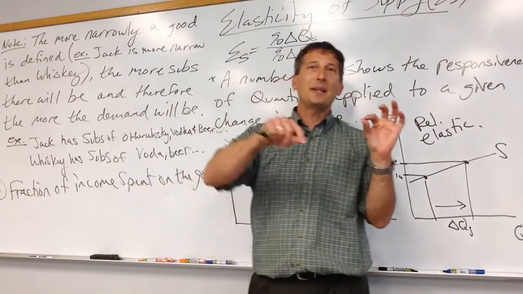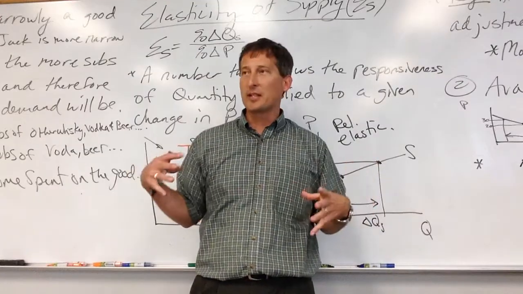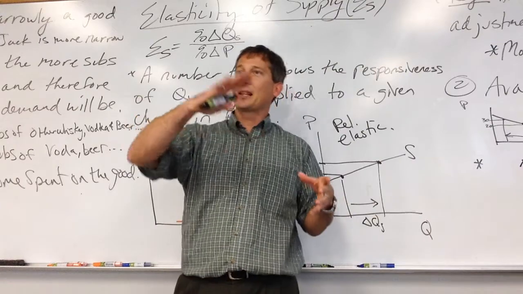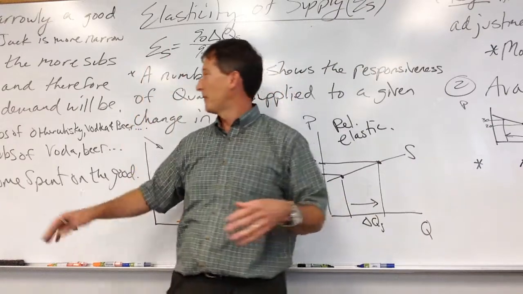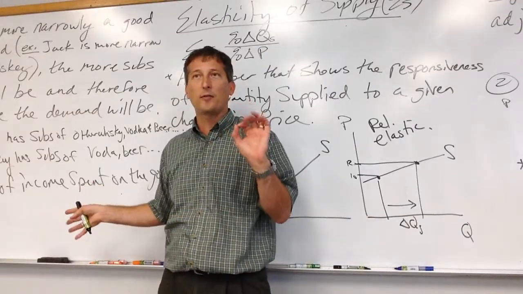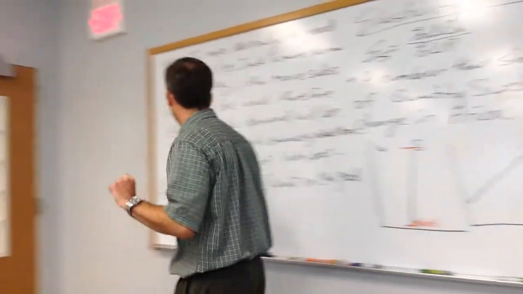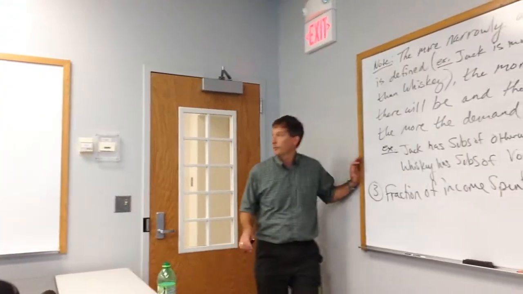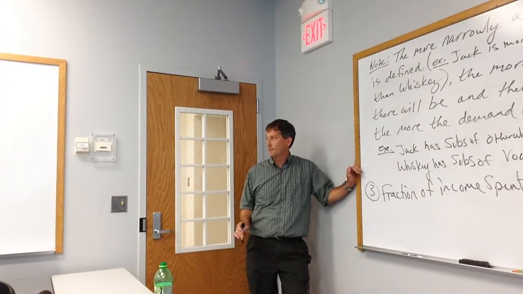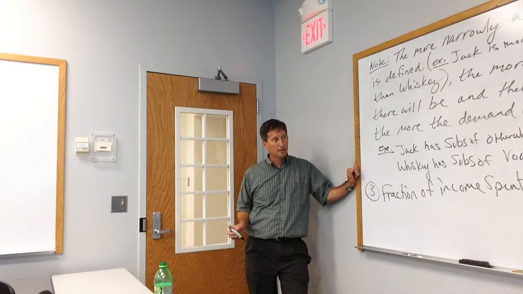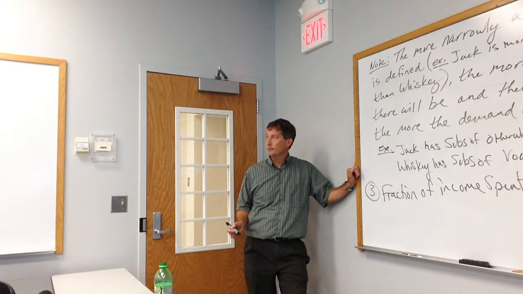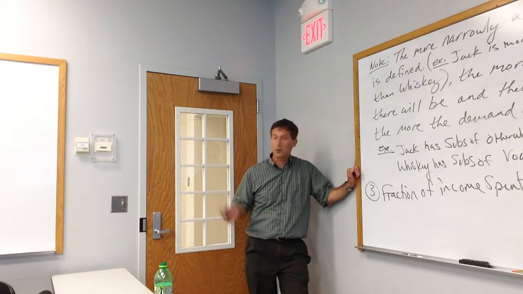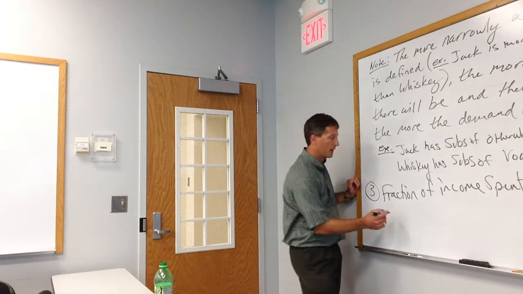So you tend to be insensitive to price changes. Demand is fairly inelastic for things that make up a small fraction of your income. That's why people always notice trash prices going up, but you never notice when the Quick Trip went up. Yeah, you just kind of ignore it.